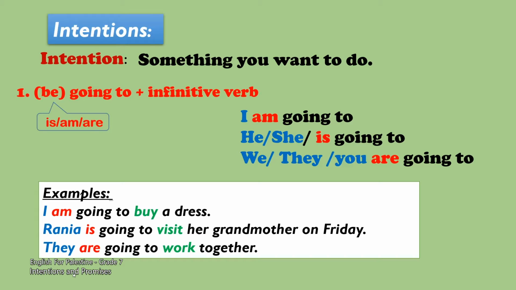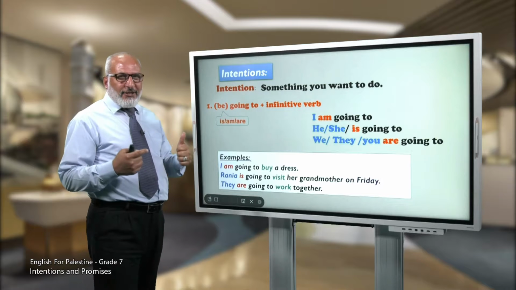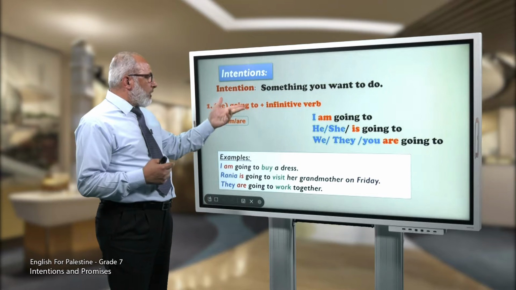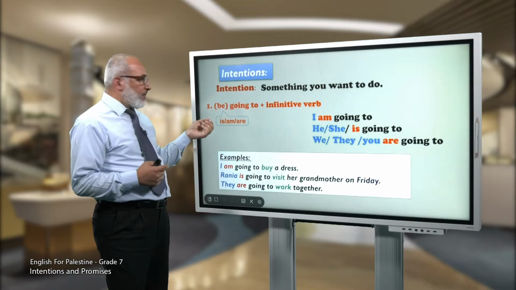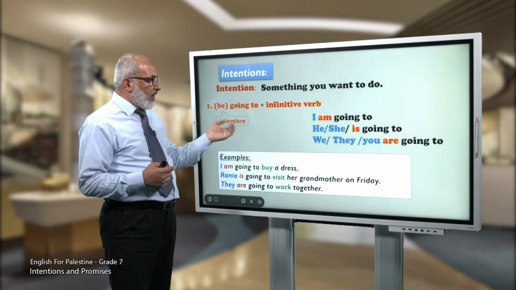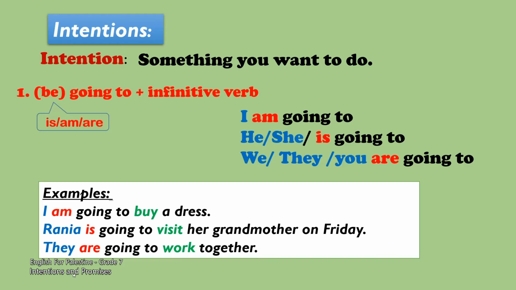The first one is be going to plus the infinitive form of the verb. You know that be means is, am, or are. Example: I am going to, he, she is going to, we, they, you are going to.